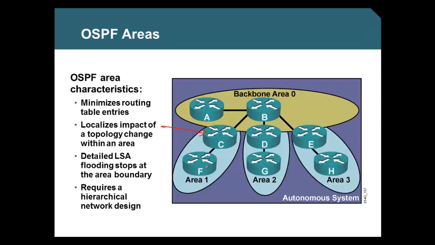B is going to take the summary of area 1 networks and give to other areas. As a result, the other areas' routing tables will not be too large. This happens also when routes come from area 2 to area 1 and area 3 to area 2 and vice versa. So that's one of the benefits.